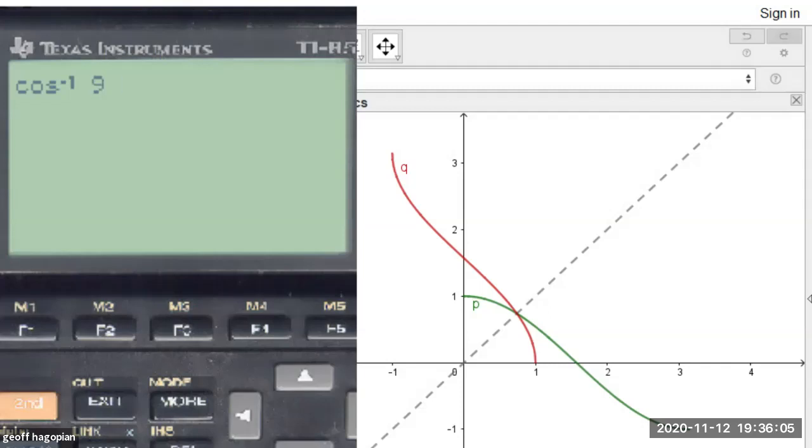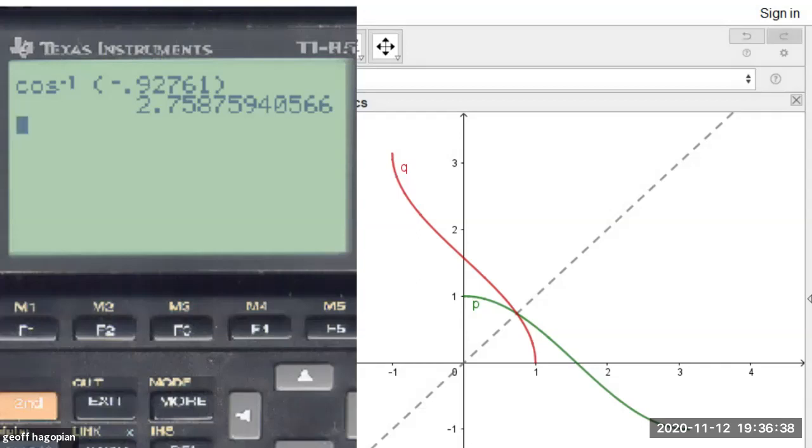And I guess I want, use the keys, and it's the inverse cosine, let's say, of negative 0.92761, whatever. And close the parentheses and then enter. So it says that arc is 2.7587, etc. Right?